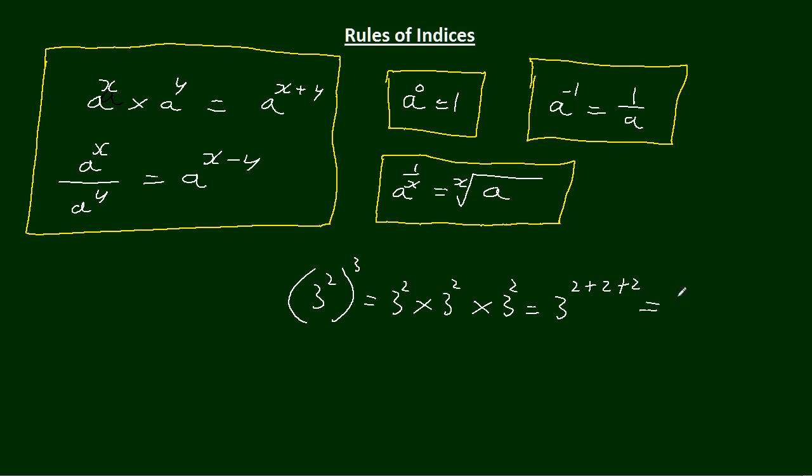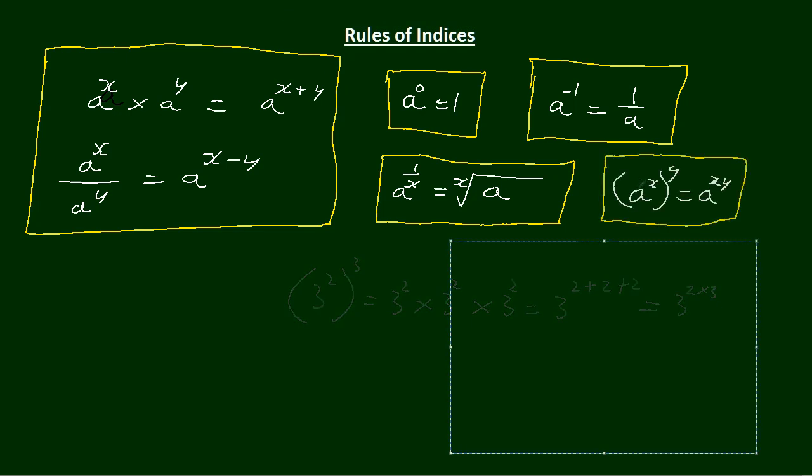So our rule is, well, in this example, it's 2 times 3, so it becomes a multiple. Instead of adding, when we put it in a bracket like that and we cube the whole lot, we multiply it. Okay. We'll put that down.